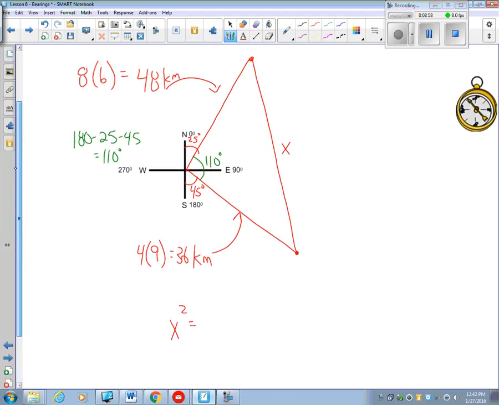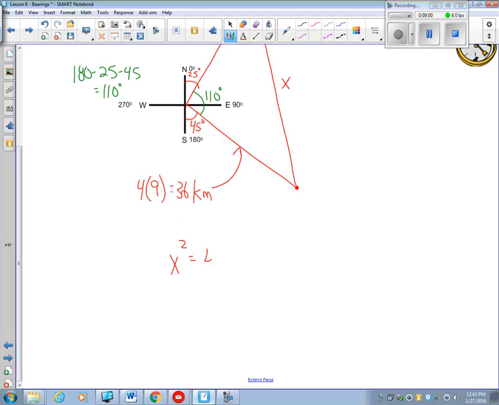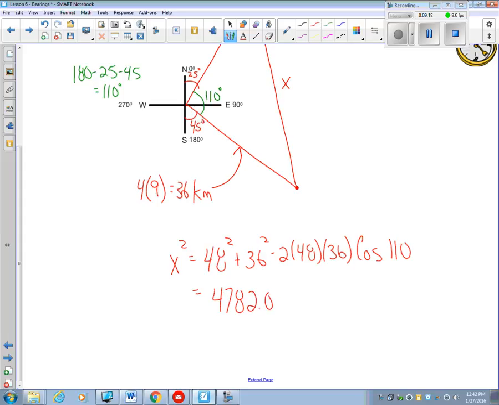That would be the first ship up here at the top, so 48 squared plus 36 squared minus 2 times 48 times 36 times the cos of our angle. The angle is 110. Into our calculator that goes, 4,782.03. Remember that's x squared.